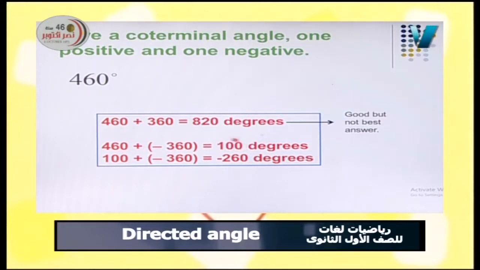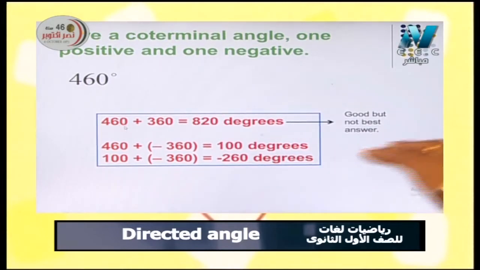We call it the smallest positive angle, which is equivalent or coterminal to 460 degrees. Look here, we have 100. If we add it to negative 360, the answer will be negative 260 degrees. So the smallest negative angle, which is equivalent to 100 or 460, equals negative 260 degrees.